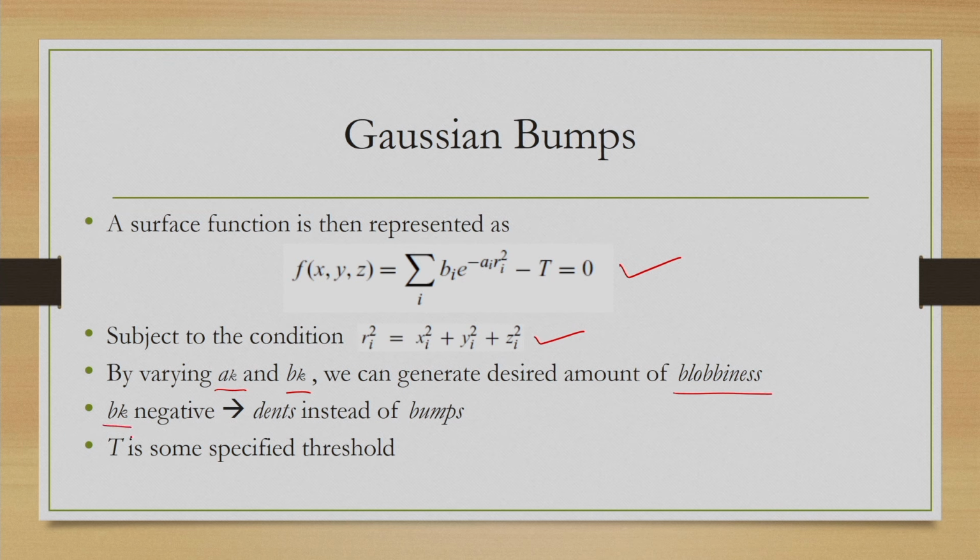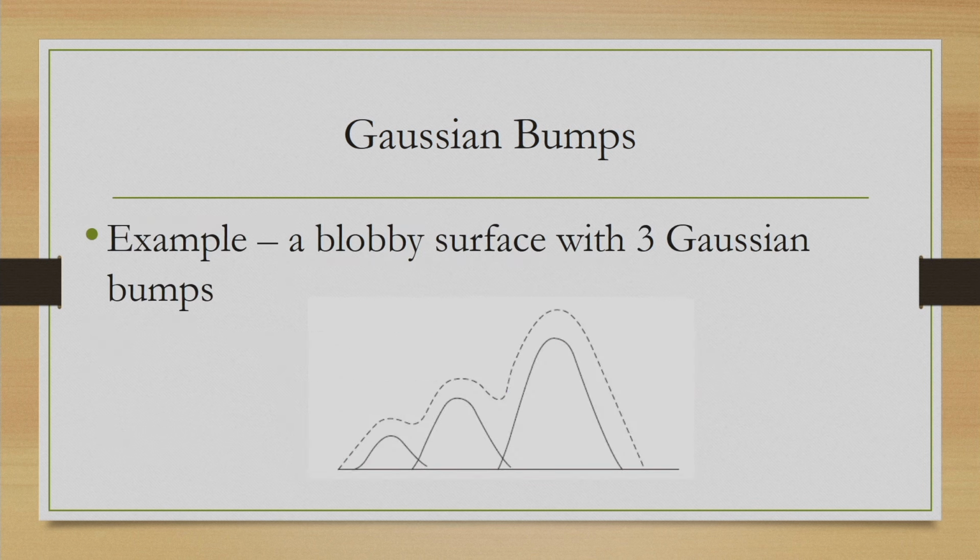Now, when b_k becomes negative, then there are dents instead of bumps, and T is some specified threshold. An example is shown here, where we have used three Gaussian density functions by varying the parameters to create an overall shape something like this, as shown in this dotted line.